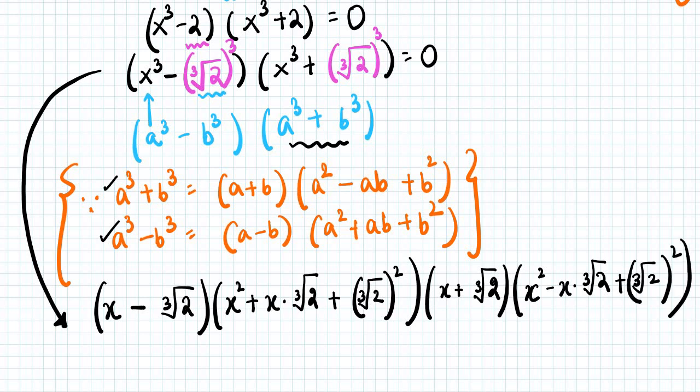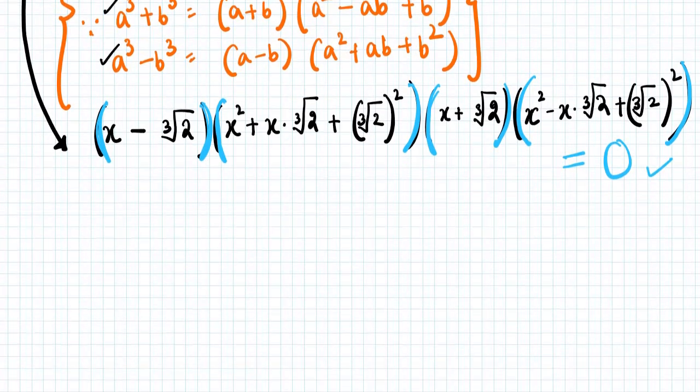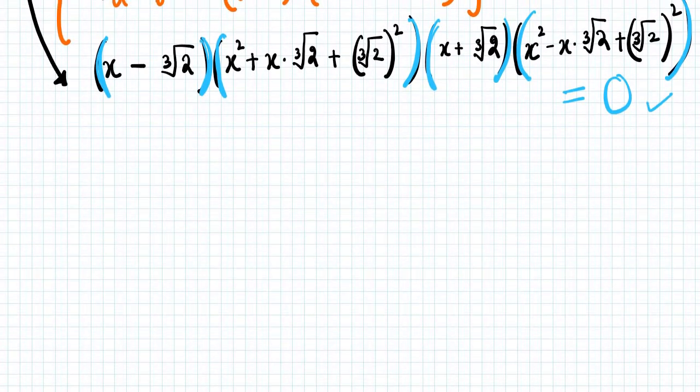Now let me clear this. First bracket, second bracket, third bracket, fourth bracket, equals 0, because that's already given. That's what we are coming from. Now, because the product is 0, one of them is 0.